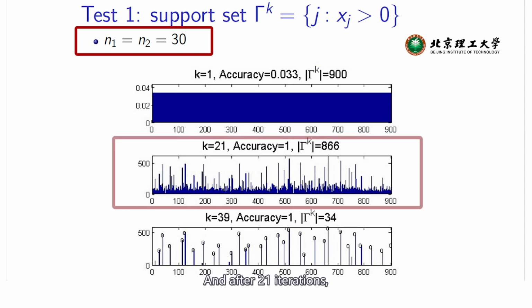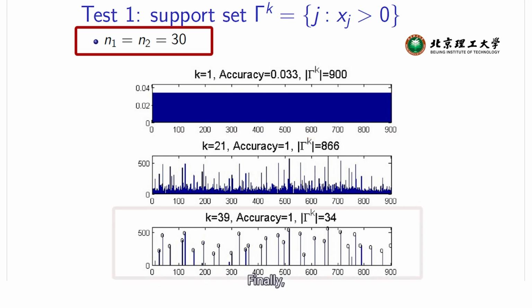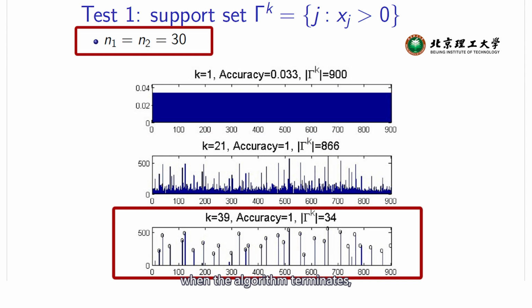After 21 iterations, we can see that there are some elements which are significantly larger than 0. Finally, when the algorithm terminates, we can see that we successfully identify the correct support set of the original problem. The circles here are the true non-zero elements.